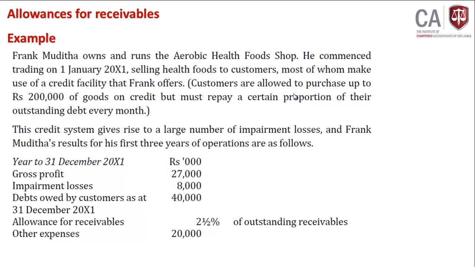This credit system gives rise to a large number of impairment losses. Because of the credit facility, most of the debtor balances will be subject to impairment loss. Frank Mudita's results from his first 3 years of operations are as follows.